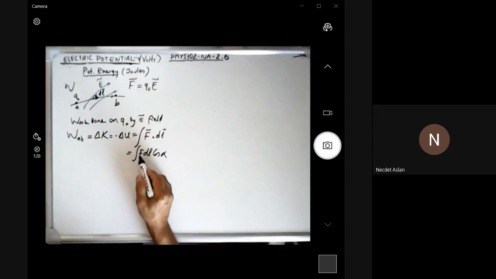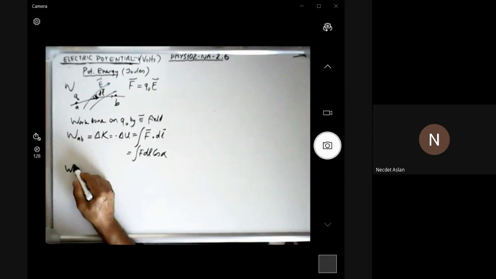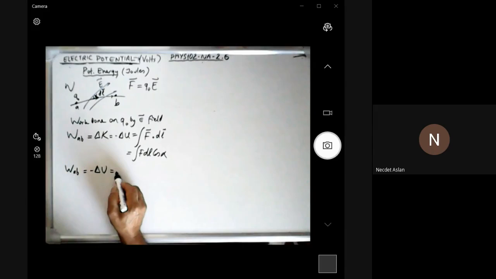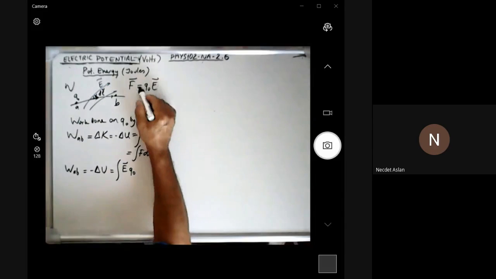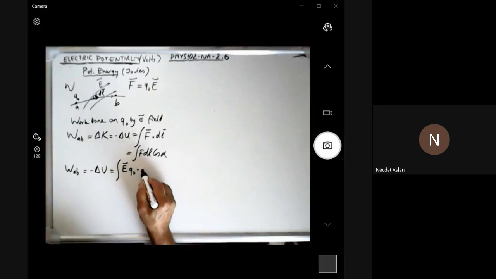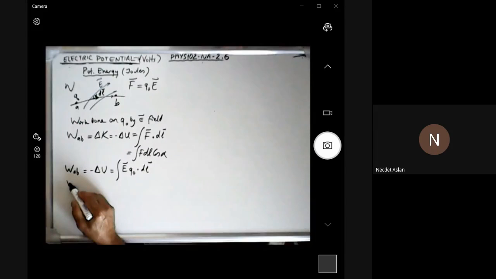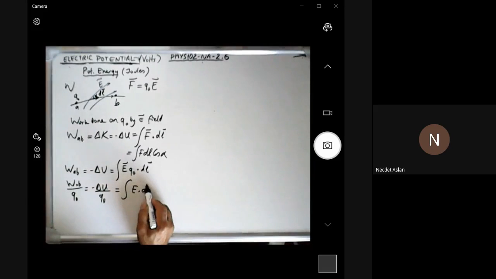If you put the electric field here, then we can say that WAB, which is equal to minus delta U, is also equal to E dot dl times Q0, because Q0 E was F. So if you divide both sides by Q0, you get WAB over Q0, or minus delta U over Q0, which will be equal to E dot dl.